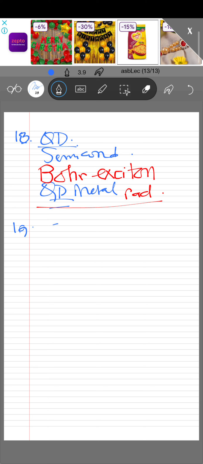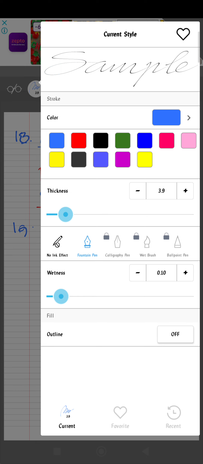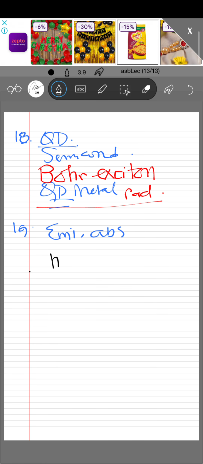If you look at the emission and absorption properties of a quantum dot, it has a very narrow full width at half maximum, that is, bandwidth.